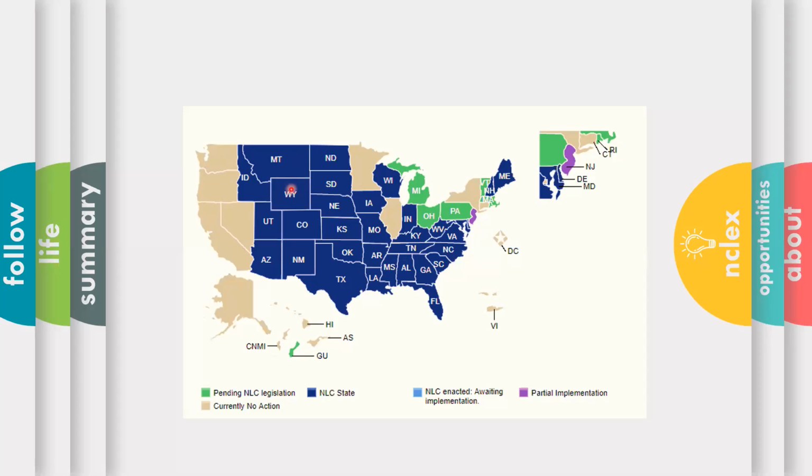So if you are a Wyoming RN, you can practice in Texas or Oklahoma or Arizona. That's the advantage. I think there are 23, or 20, compact states that we can practice in.